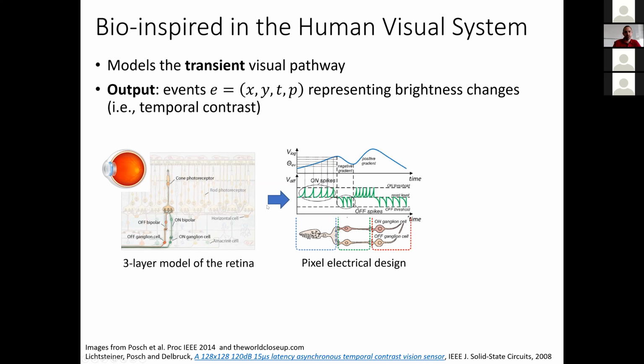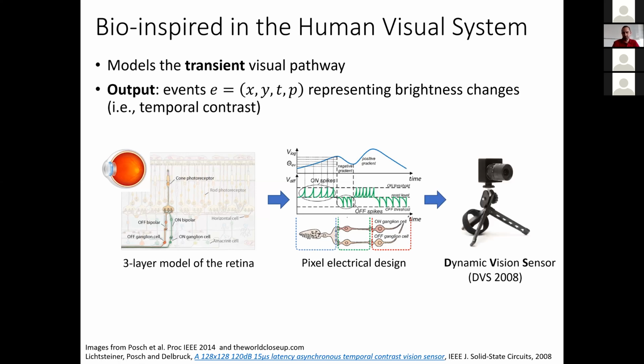The on spikes are the positive ones, the brightness increases, and the off spikes are the negative ones, the brightness decreases. And the output of the camera is basically these events that have, as you can see here, x, y coordinates of the pixel where it happened, the timestamp t when it happened, and p, the polarity, which is the sign of the brightness change.